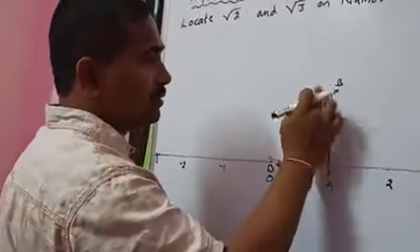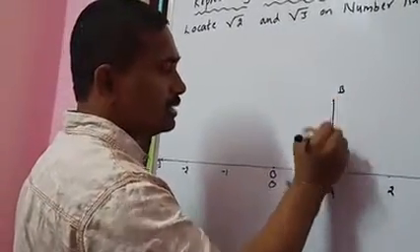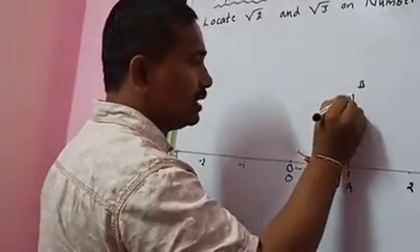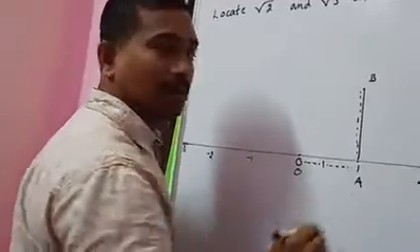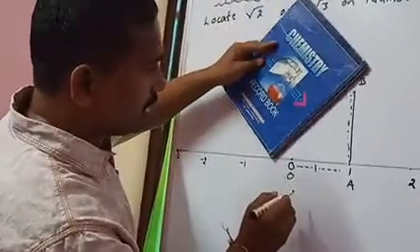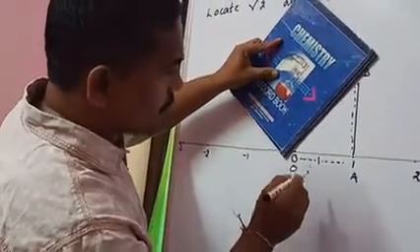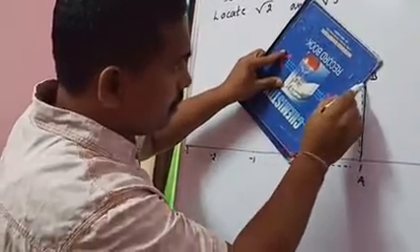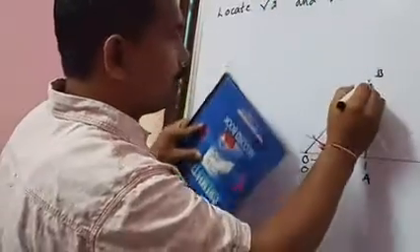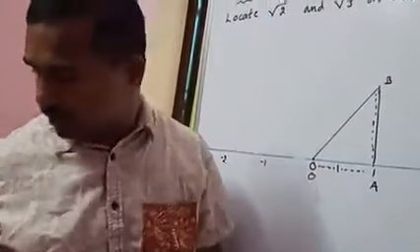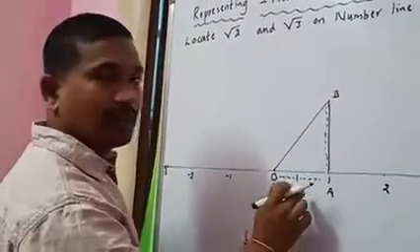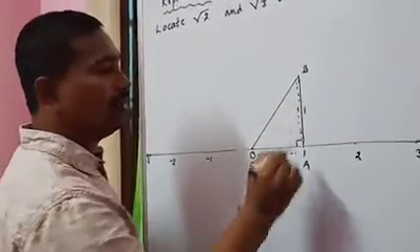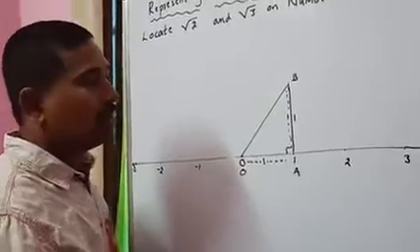Okay, now this length is 1 unit length. This also should be 1 unit length, and join O and B. Now this is the right angle triangle, with base 1 unit and height also 1 unit.